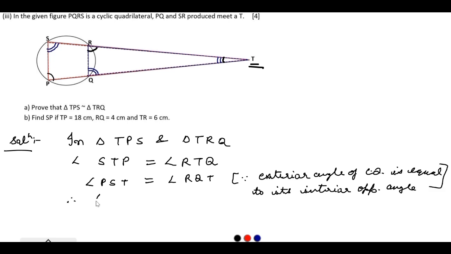Therefore, triangle TPS is similar to triangle TRQ.